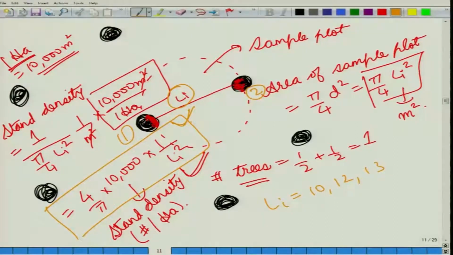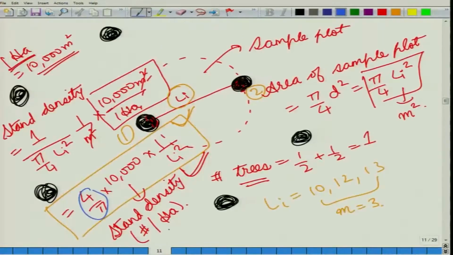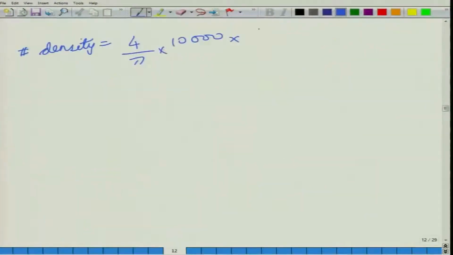So, when we take the average, suppose we take m number of values, so in this case we have m is equal to 3. So, what will be the average? The number density in the first case is given by 4 by pi into 10,000 into 1 by Li square. Now, suppose we have m number of readings.